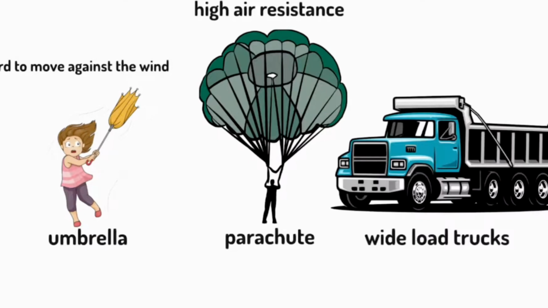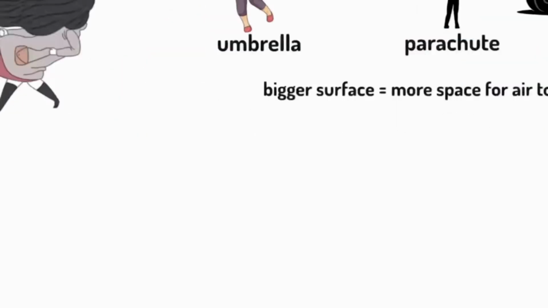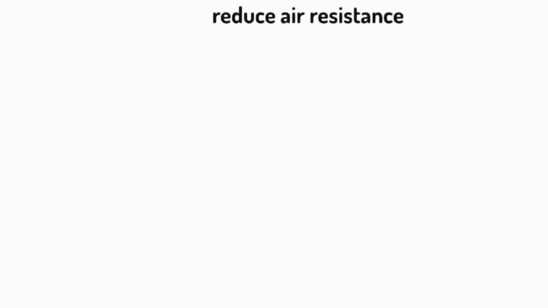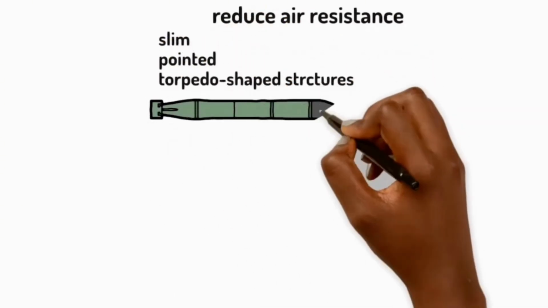All of these objects have a large surface area. Their bigger surface means more space for air to push against. So this creates more air resistance and slows down these objects quite a bit. We can reduce air resistance by using objects with slim, pointy, torpedo-shaped structures.